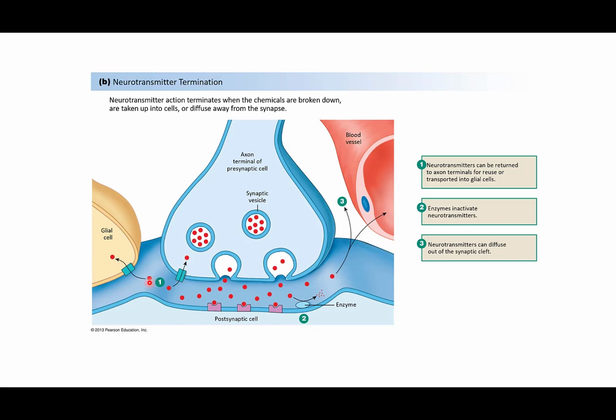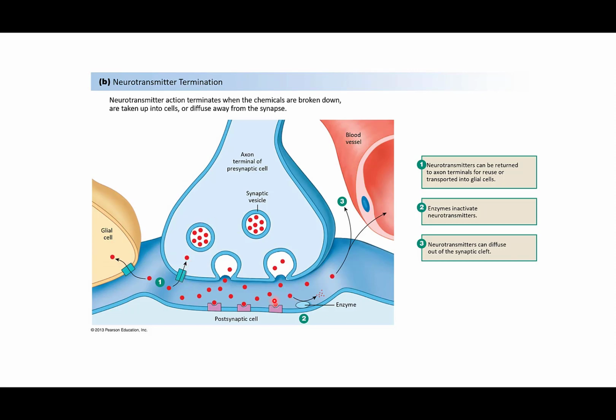Or sometimes, which is what we can also see happen, is that they will be pumped into a glial cell. So remember, glial cells are accessory neuronal cells. And so it'll be moved into the glial cell, and there it can be either recycled, broken down, what have you, inside the glial cell. That's the first fate, either back into the axon or into a glial cell to be reused.